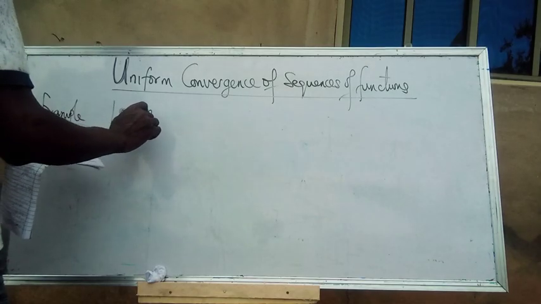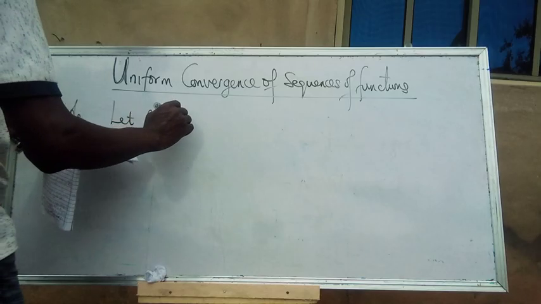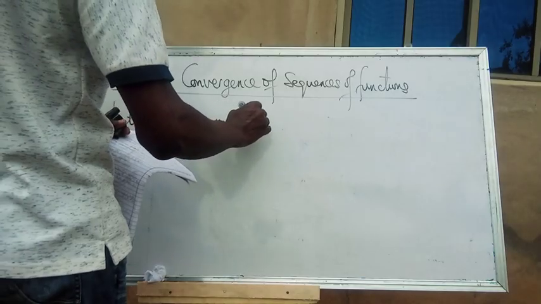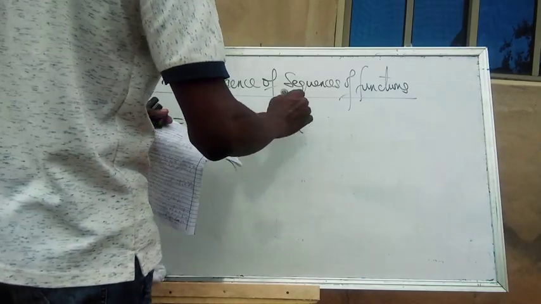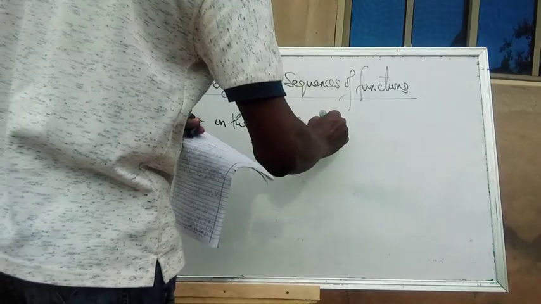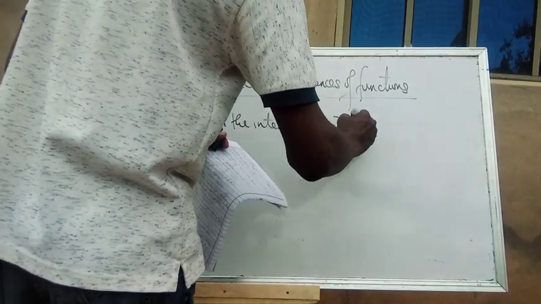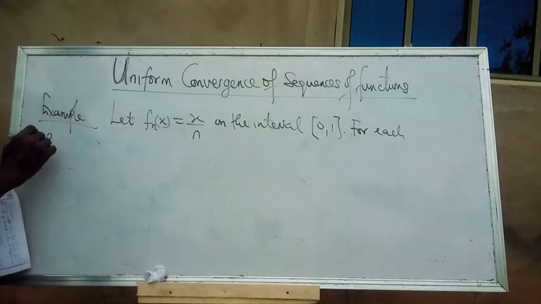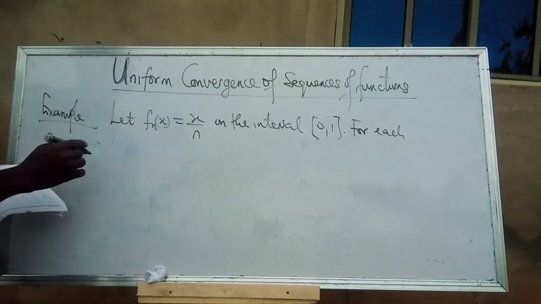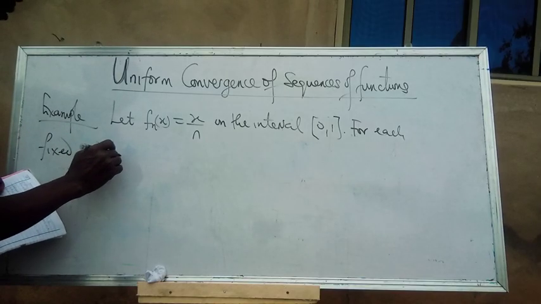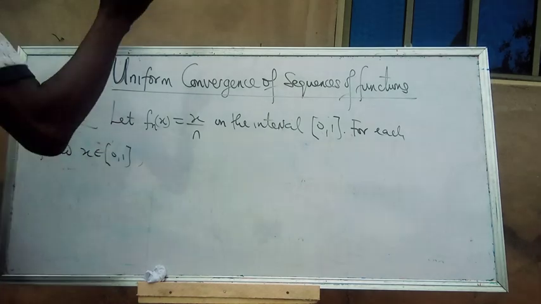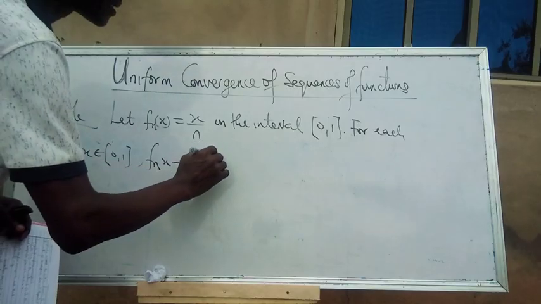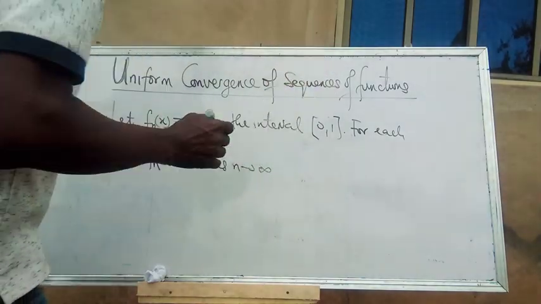Let fn of x equal x all over n on the interval, that is the domain given to us, 0, 1. Now for each fixed x in that domain, fn of x tends to 0 as n tends to infinity. What do we mean by this?